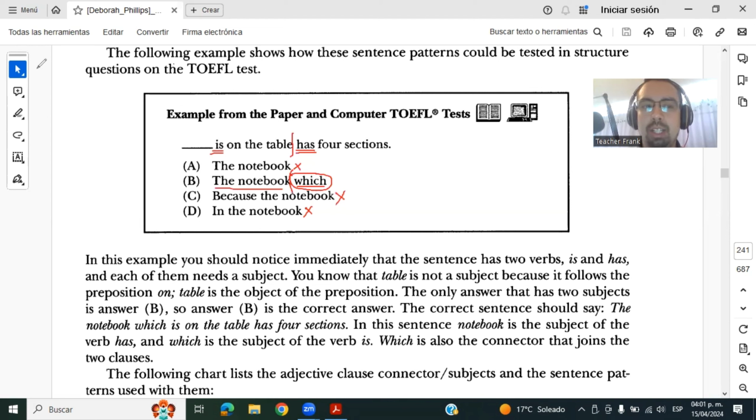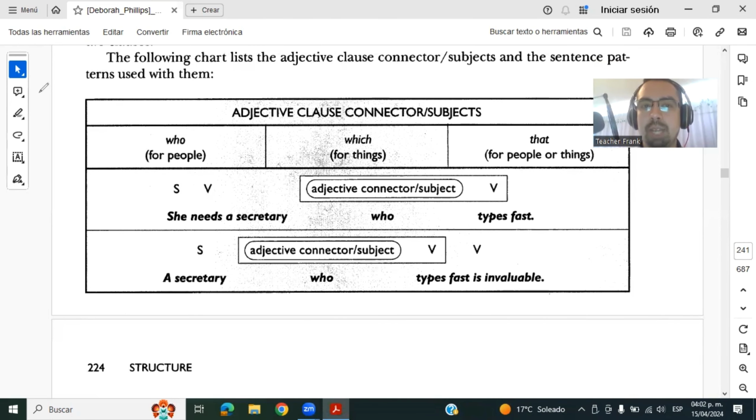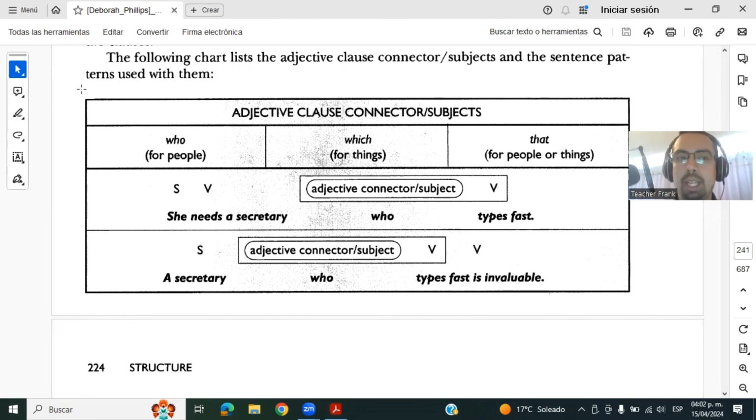Okay, so let's look at what type of connectors can be subject and connectors at the same time. Basically, we only have three. We can have who for people, which for things, and that for people or things, right? And that's it. These are the only three words that can be connector subjects for adjective clauses, okay?